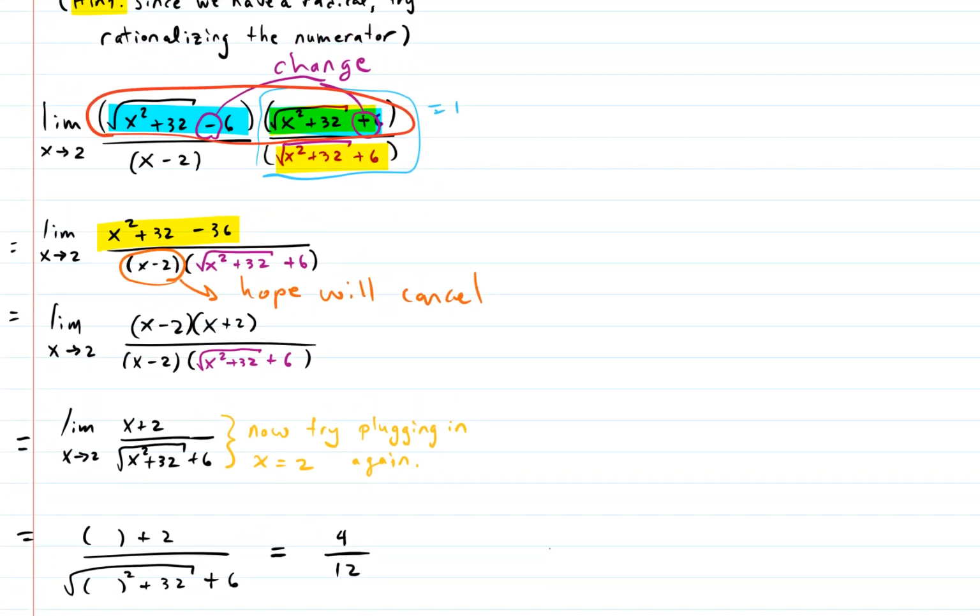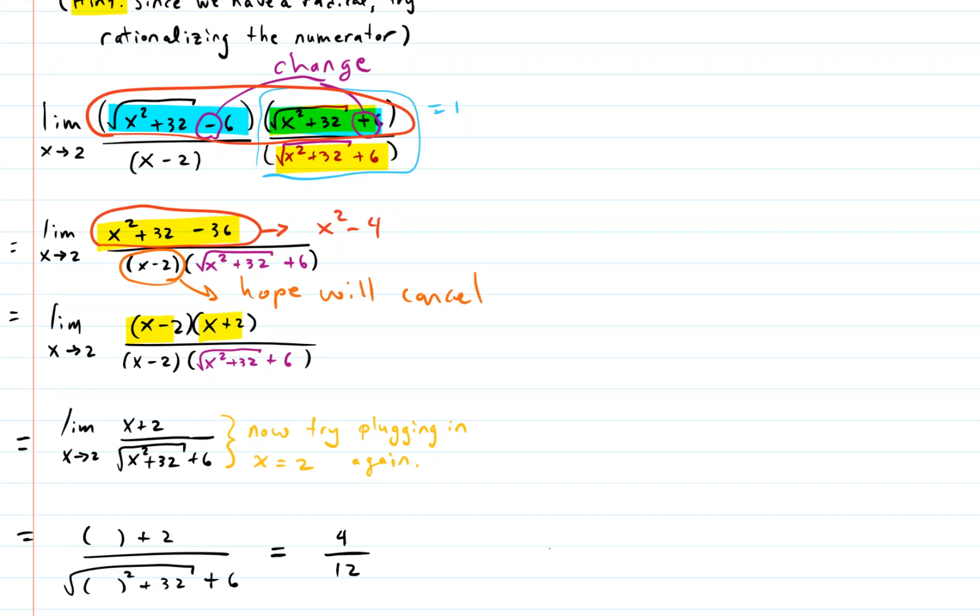So x squared plus 32 minus 36 actually gives us x squared minus 4. We recognize that as the difference of squares, and we can factor it into x minus 2 and x plus 2.